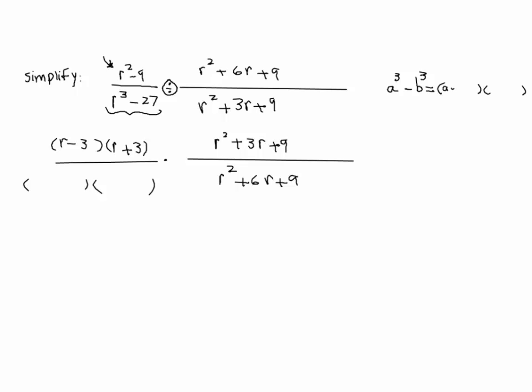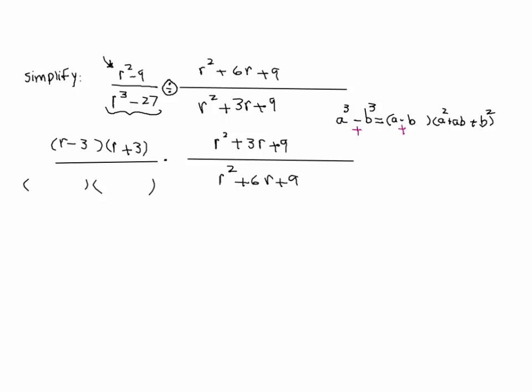You need to know how to factor this. a³ − b³ is equal to (a − b), and the second parenthesis would be a² + ab + b². We need to remember this formula: a³ − b³ = (a − b)(a² + ab + b²).